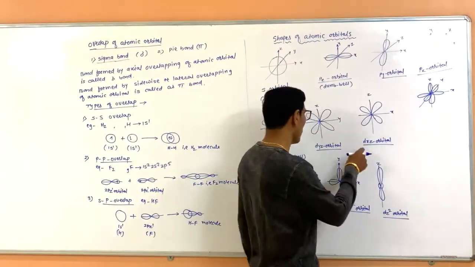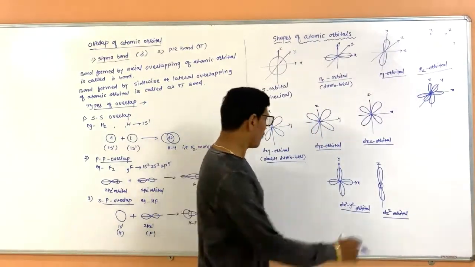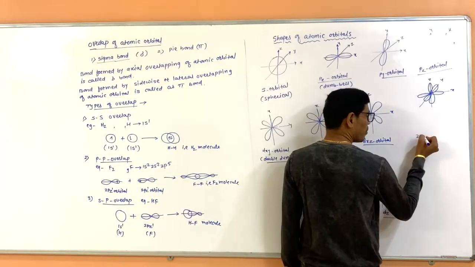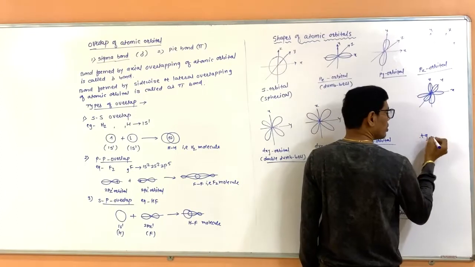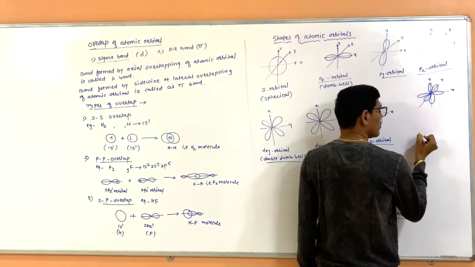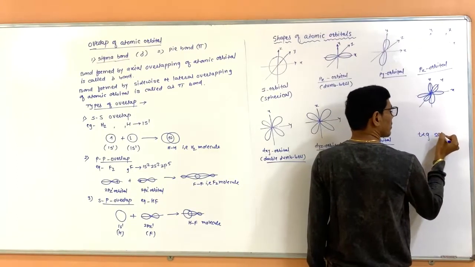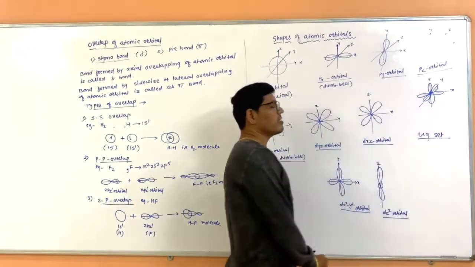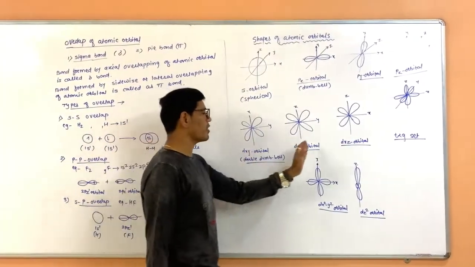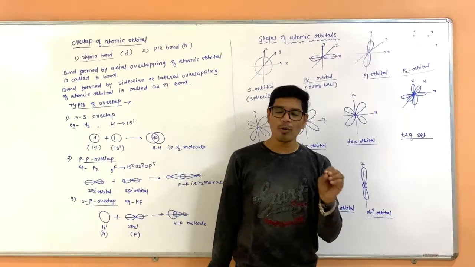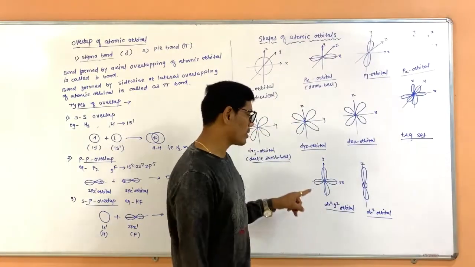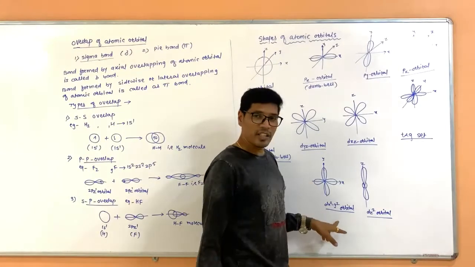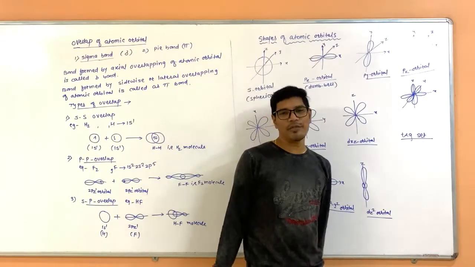That means these three orbitals form a different set, which in group theory is called the T2G set, a triply degenerate set of orbitals. This set of three has its lobes in between the axes but not along the axes. And the second set is dx square minus y square and dz square.